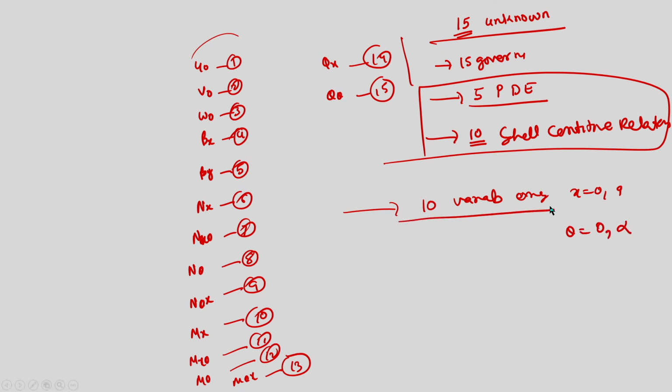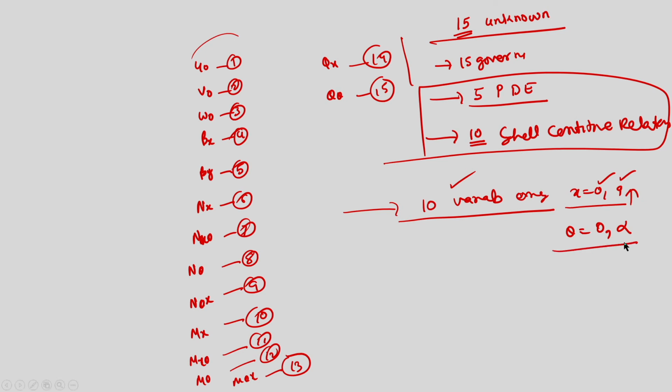So, you have 10. Out of these 15, we select the variables for a particular set along those boundary conditions as the primary variables, and the rest of the 5 variables will be expressed in terms of these 10 primary variables.